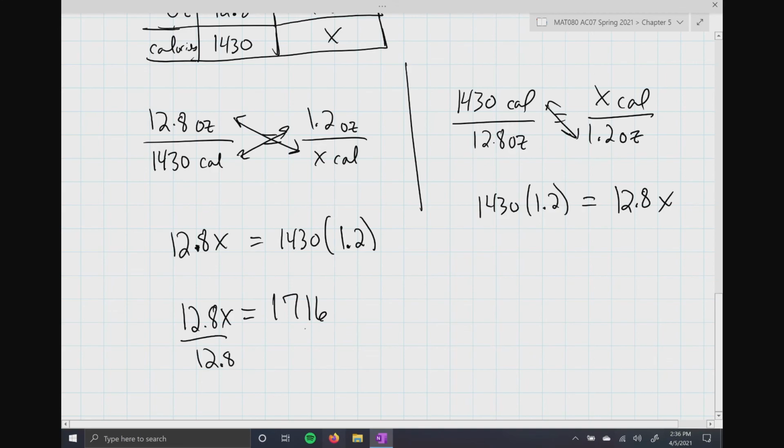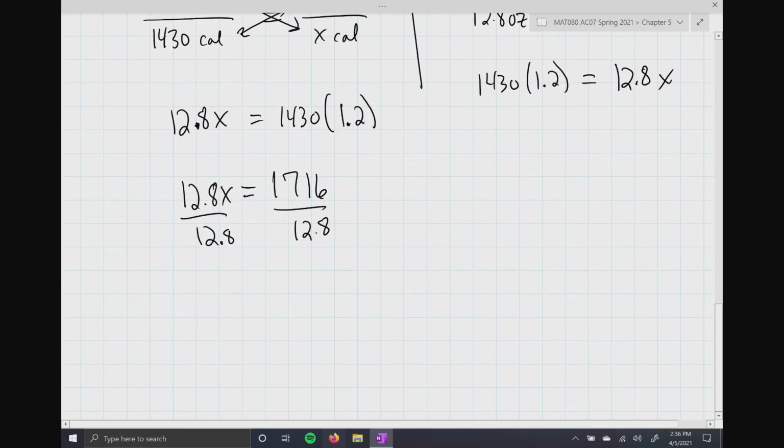And then divide both sides by 12.8. So x is going to give you 134.06, rounded to 2 decimal places. That's fine.